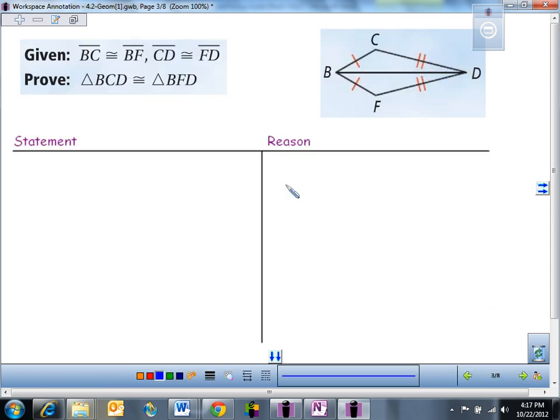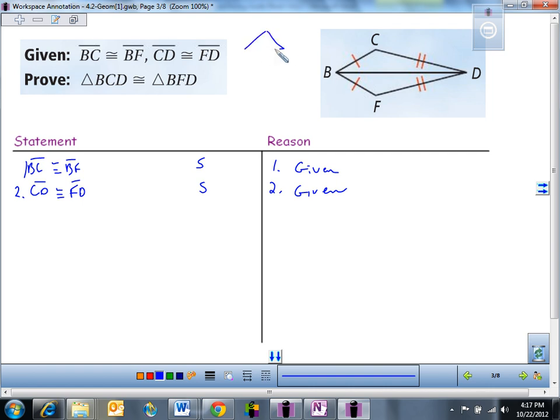So here is our second proof. Let's write down what's given. And I always like to number them. Our 2 pieces of given information are an S and an S. So we have 2 pairs of sides congruent, and now we need that third side.